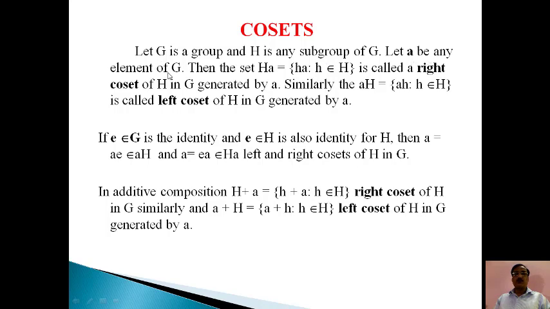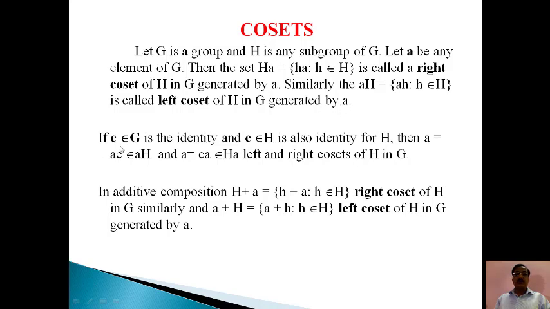Let A be any element of G, then the set HA is called the right coset of H in G generated by A, as A is written on the right side. Similarly, if A is written on the left side of H, then it is called the left coset of H in G generated by A.